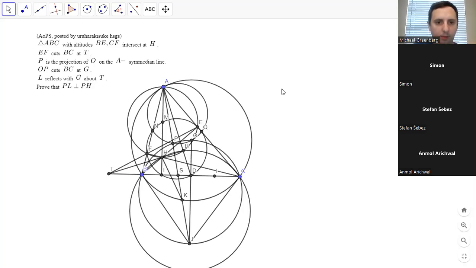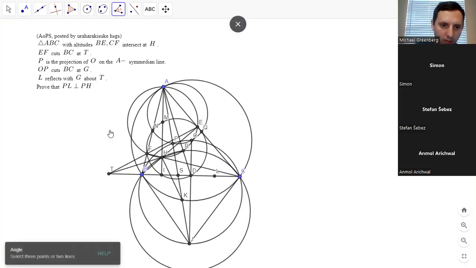So TP, we want to show it's perpendicular to HK. Oh, now we should take the midpoint of HA. Now we want to show TP and that midpoint is 90 degrees. TP and the midpoint of HA. Yeah. So that's M. Okay. Yeah. TPM should be 90.